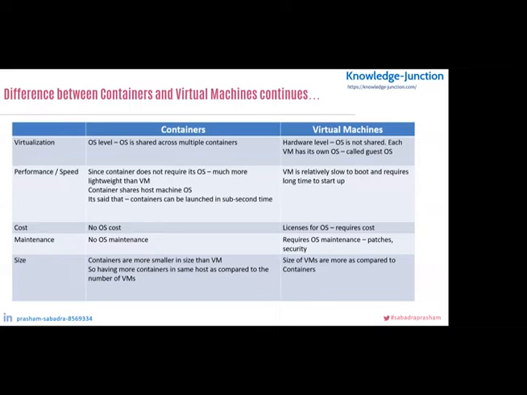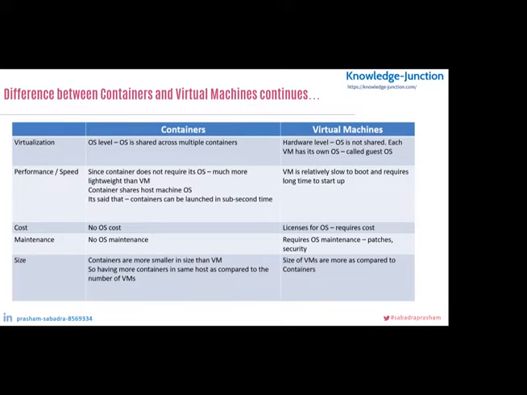I would like to highlight a point here. Even though we are discussing all the advantages of containers over virtual machines, there are applications where we won't need to create containers, convert the application into a microservice-based architecture, or use Kubernetes.